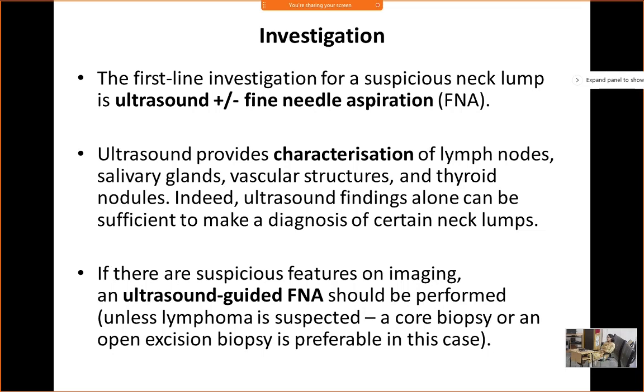Next, these are the different characterizations that the ultrasonography will give you. It will tell you that the swelling is either a lymph node, a salivary gland, a vascular structure, or a thyroid nodule. Indeed, ultrasonography findings alone can be sufficient to make a diagnosis of a certain neck lump.